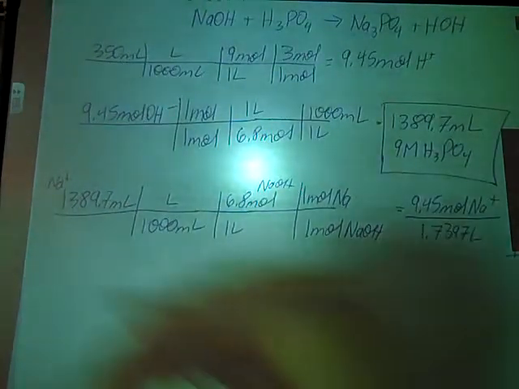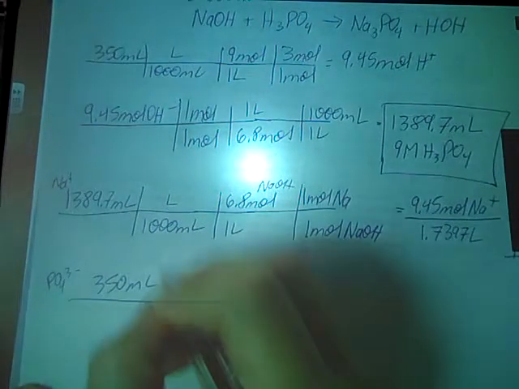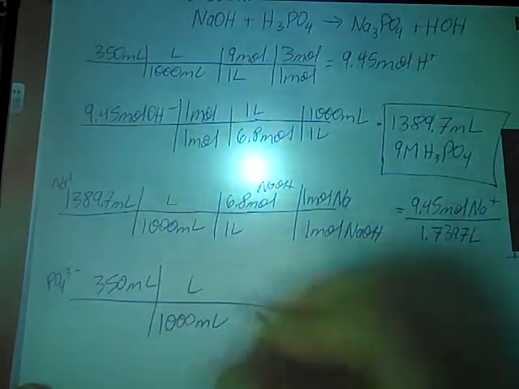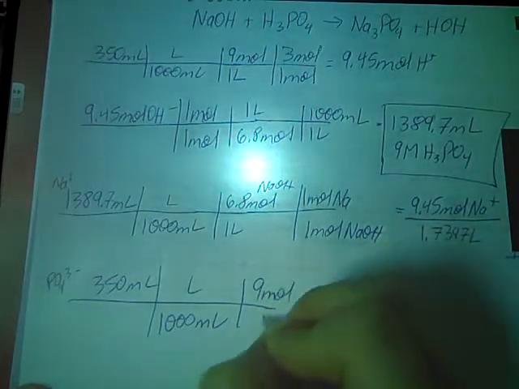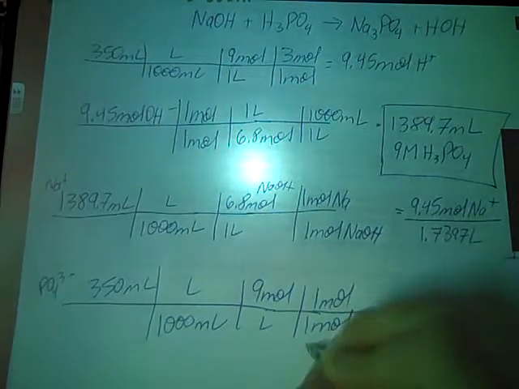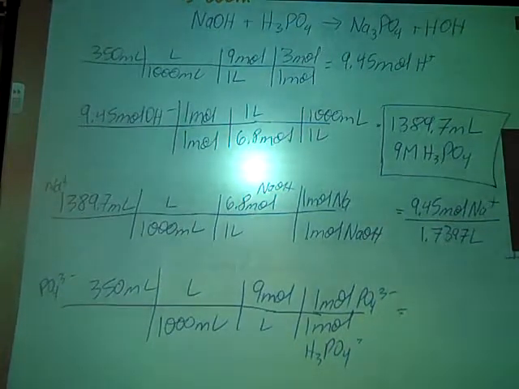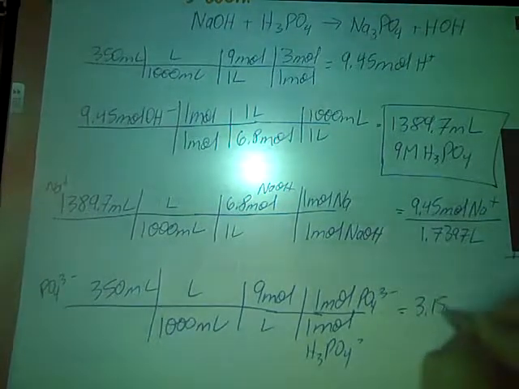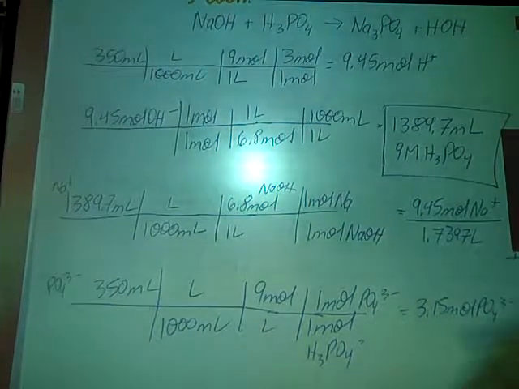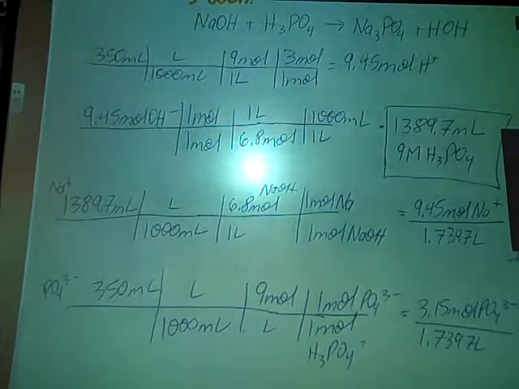All right, let's see if I can do phosphate in record time. Phosphate came from our phosphoric acid. We had 350 mils of the phosphoric acid. We want liters. It was a 9 molar solution, but per 1 mole of my phosphoric acid, I had 1 mole of that phosphate. 350 times 9 divided by 1,000 gives me 3.15 moles of phosphate divided by that same total volume, since we mixed them together in the same beaker.